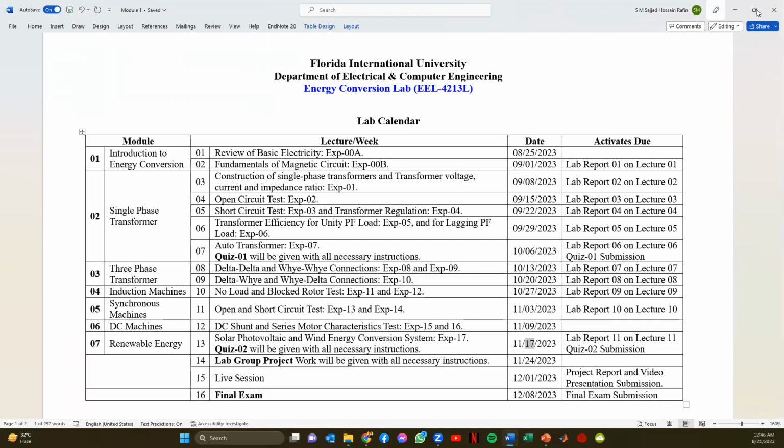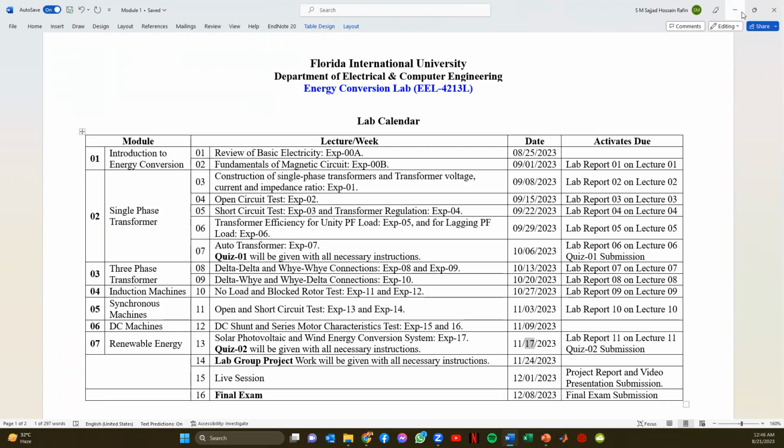And there will be a lab group project. I'll divide the whole lab into different sections, different groups. There will be 4 or 5 group members, could be 3. I'll have to check.